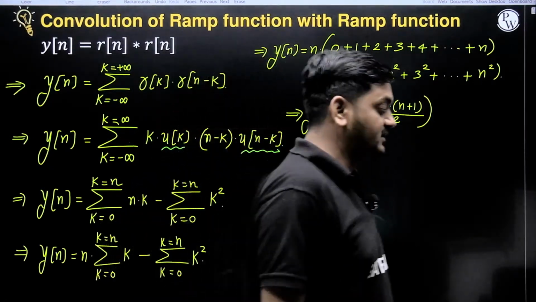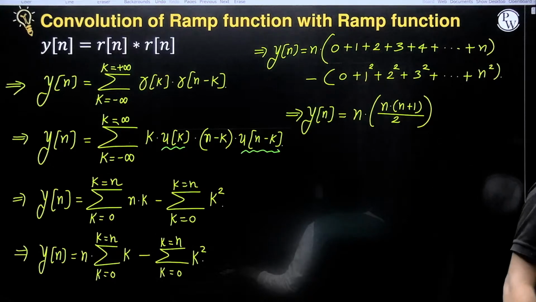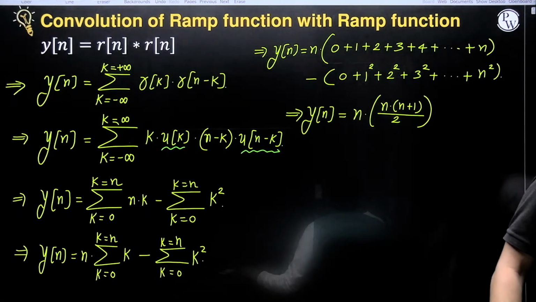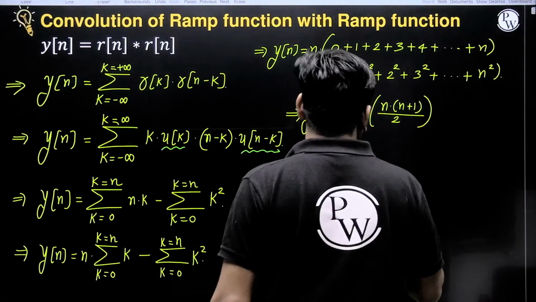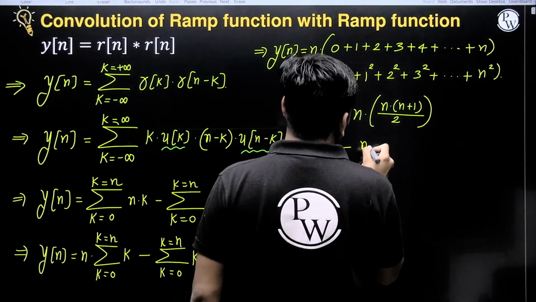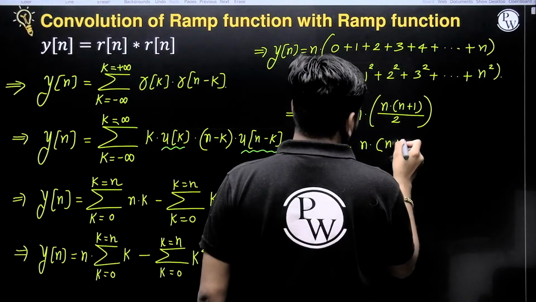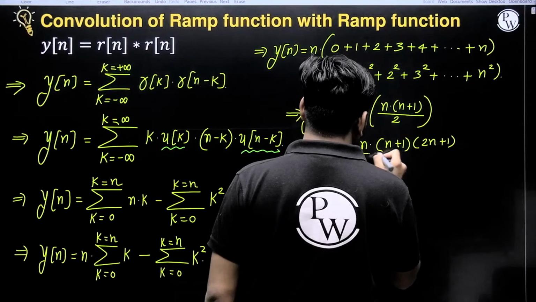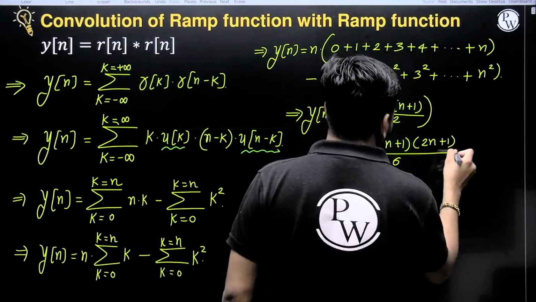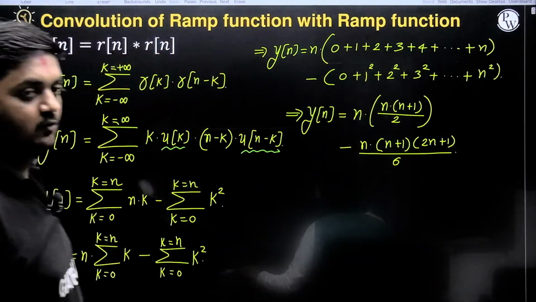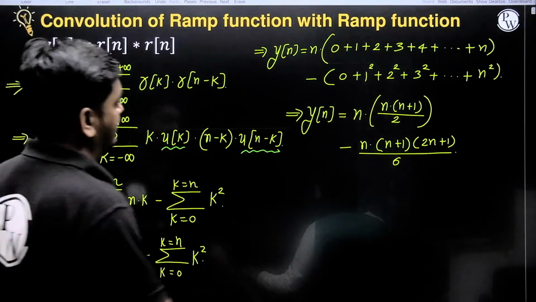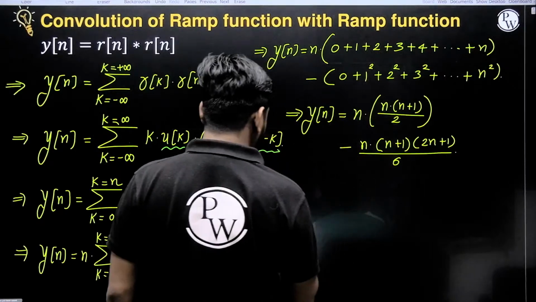Tell me your answer in the comment box if you are watching the live class. It is nothing but n into n plus 1 into 2n plus 1 divided by 6, the answer for the second summation.